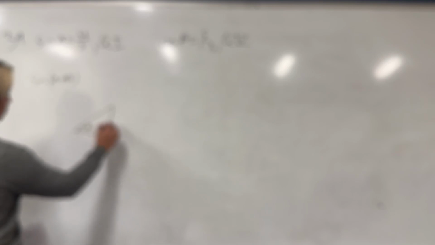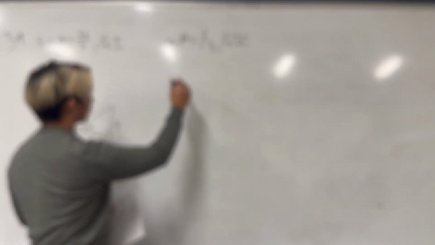First thing I want to do is just draw the triangle. We know it's quadrant 1, so it's going to look something like this. This is theta, a right triangle, and they gave us opposite over hypotenuse, so 4 over 5.